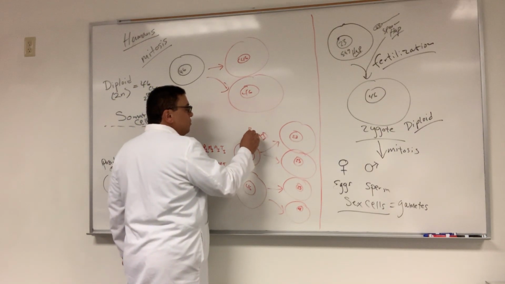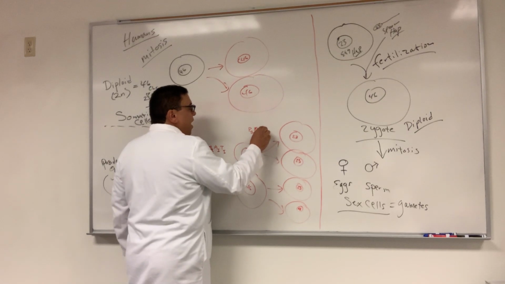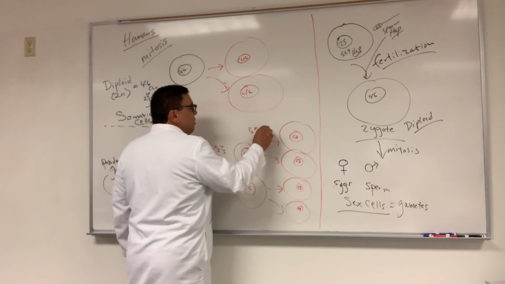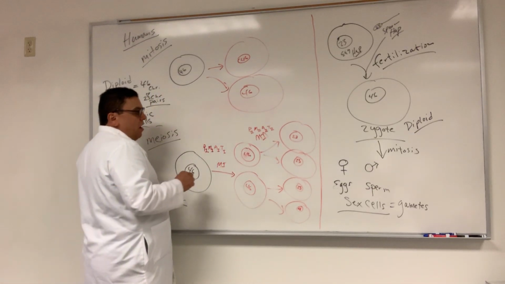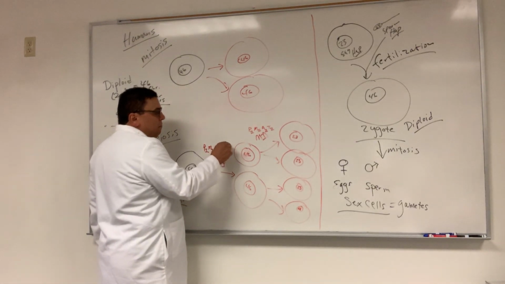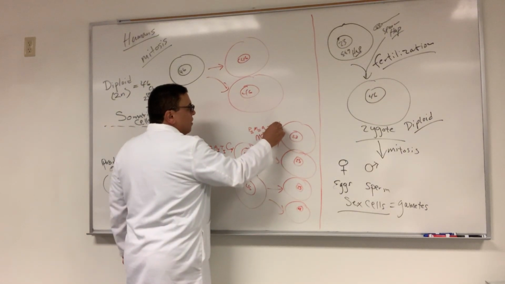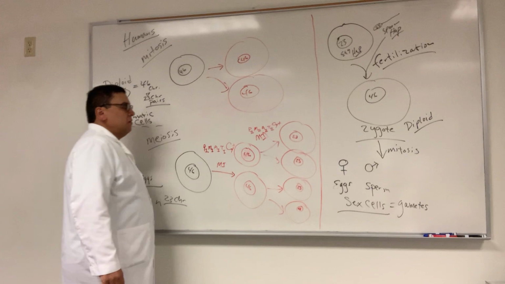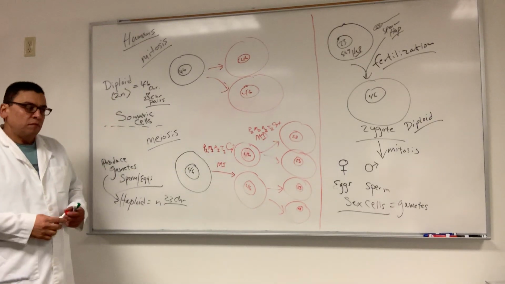Prophase 2, Metaphase 2, Anaphase 2, Telophase 2. And each one of them is followed by a cytokinesis event. That's why they split into 2.